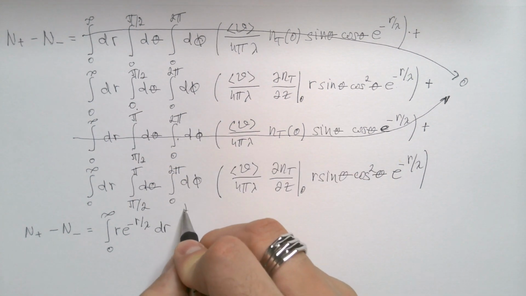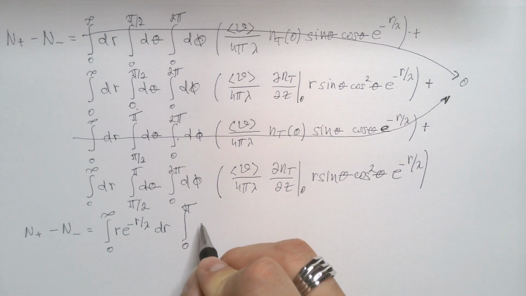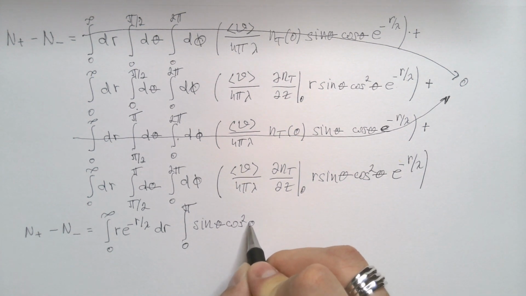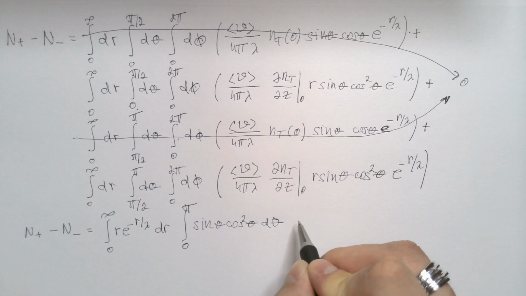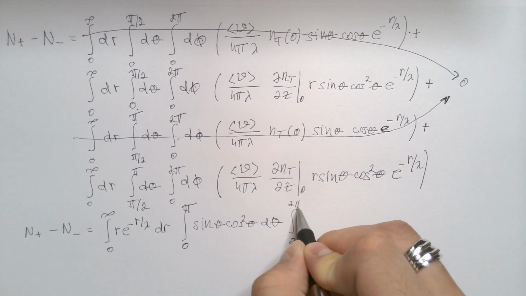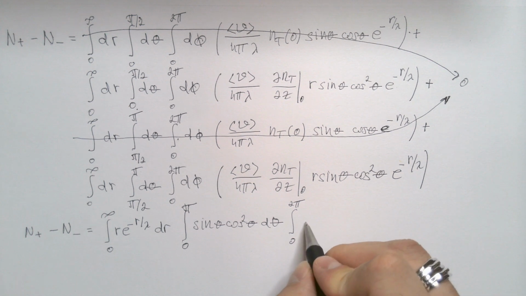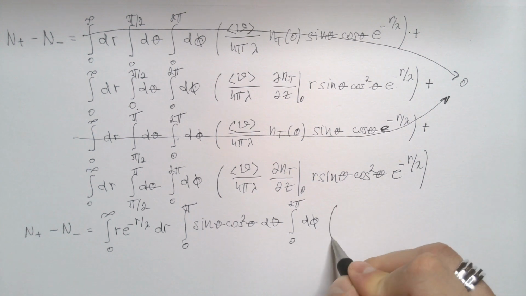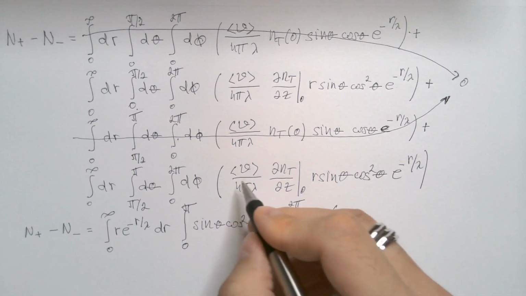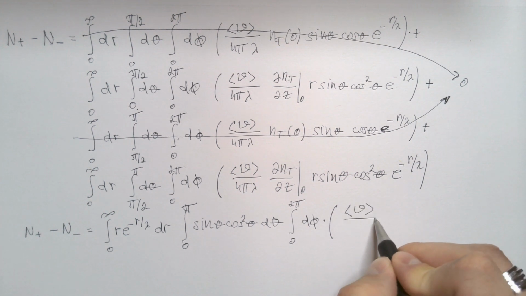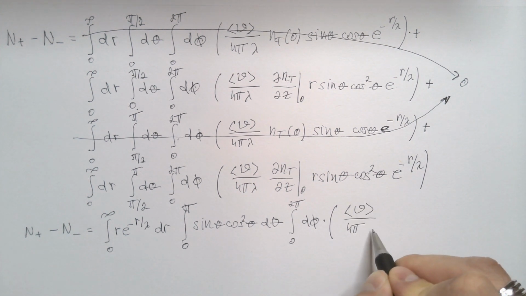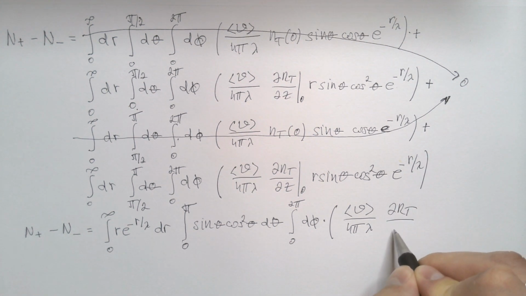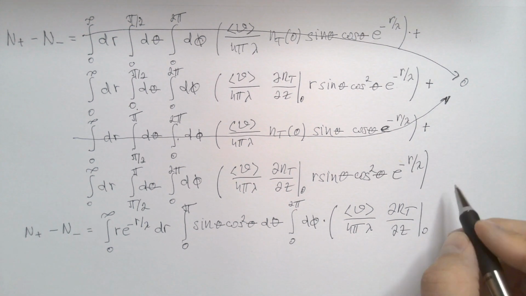So integral from 0 to pi, and with respect to theta, I have sine theta cosine squared theta d theta. And lastly, I have integral 0 to 2 pi d phi. There is nothing that is dependent on phi. And then I have times the constant, and that would be this. Average v divided by 4 pi lambda delta nt delta z evaluated at 0.